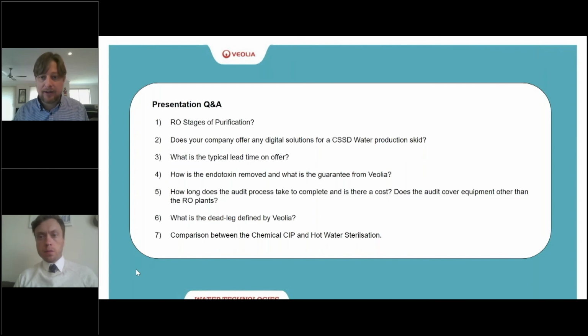So it does cover equipment other than ROs, in that it will cover pre-treatment, it'll cover your loop, your ring main, and so on, but it's just that water treatment equipment. Saying that, we do look at both. We do look at endoscopy as well as CSSD, and usually try and give some recommendation around that as well.